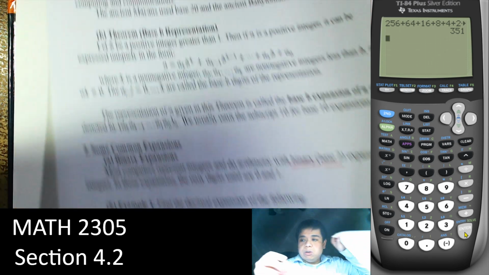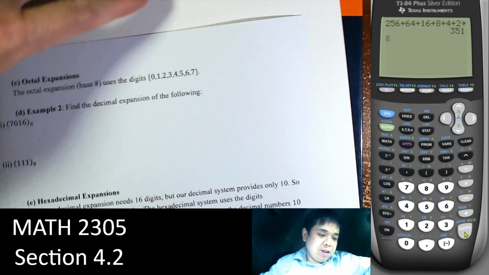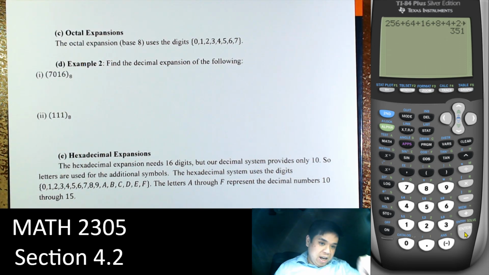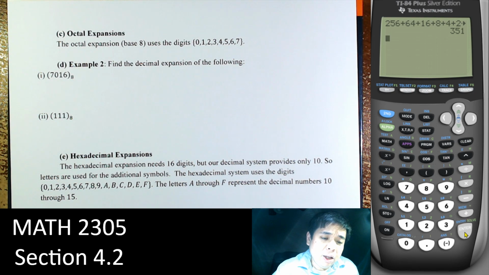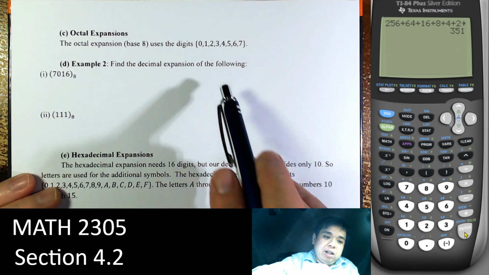Next we have the octal system, which is base 8. In base 8, we go from 0 to 7 because there are 8 digits.